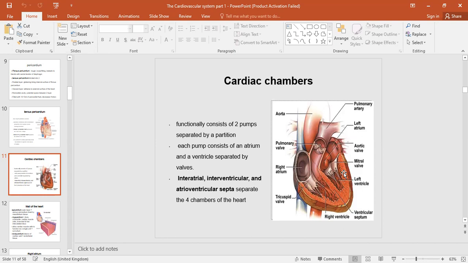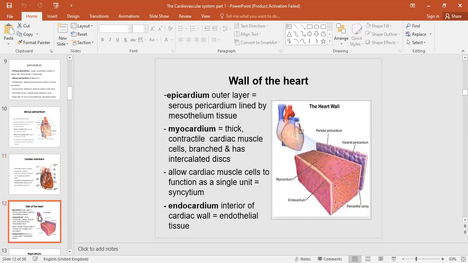That being said, let's look at the layers of the heart. From inside going out, we have the endocardium.